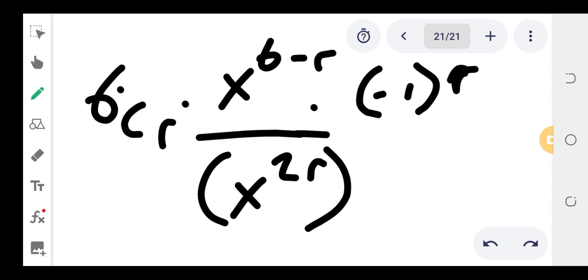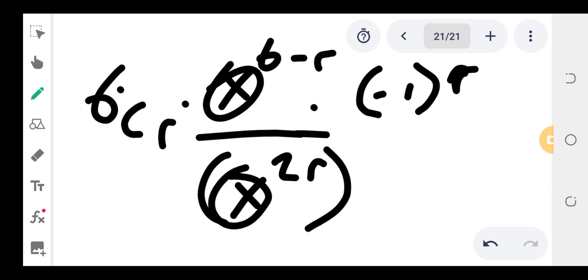What we have is x here is common. So now we're saying when dividing indices having the same base, we must subtract their powers.